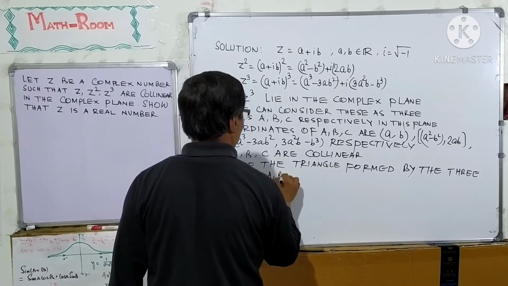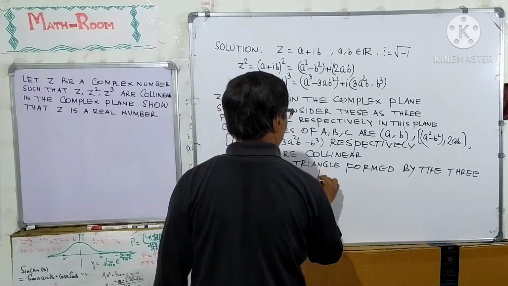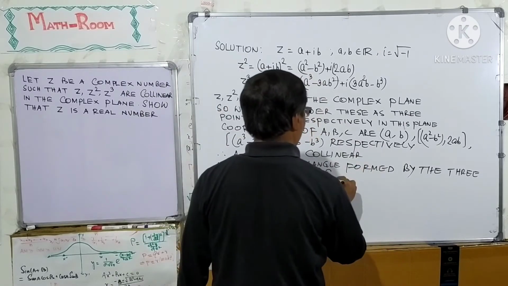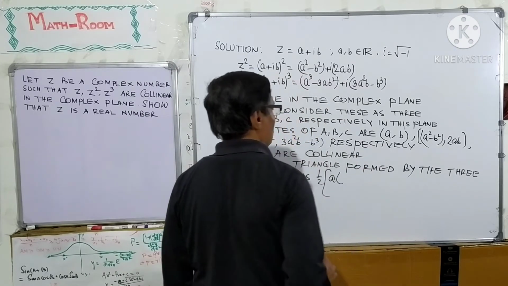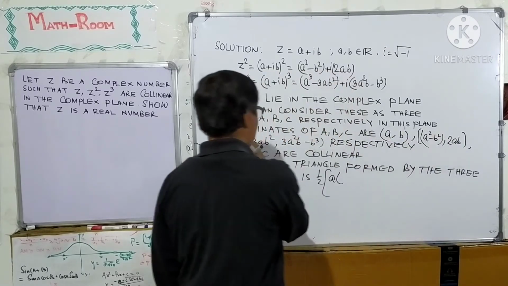is half into the determinant of x1, y1, x2, y2 and x3, y3.